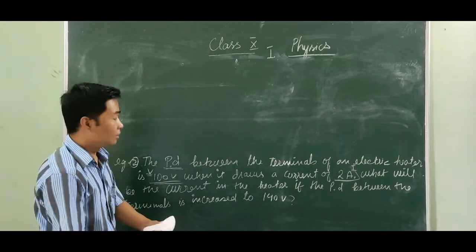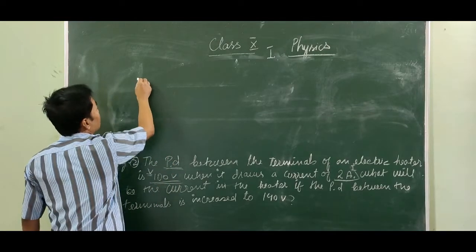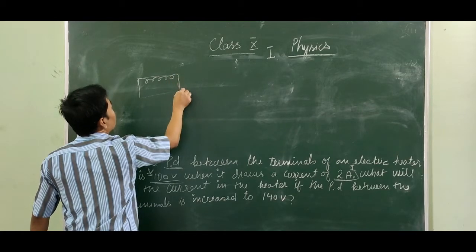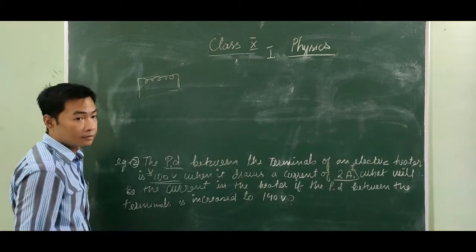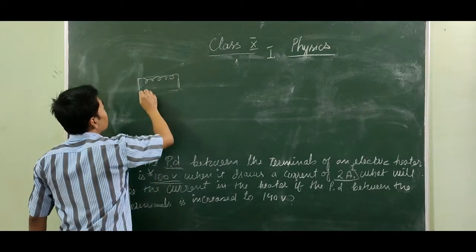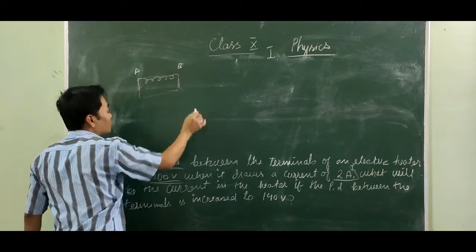What does it mean? It means that let's say we have an electric heater. I'm just drawing an example. So let's say this is an electric heater, and A and B are the two terminals.